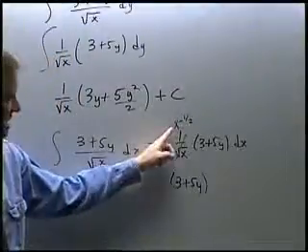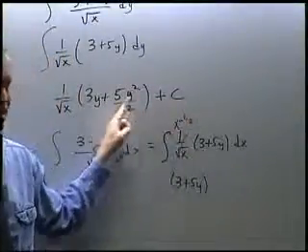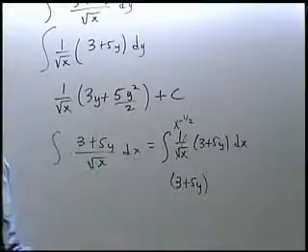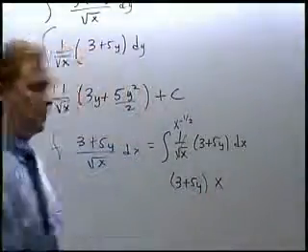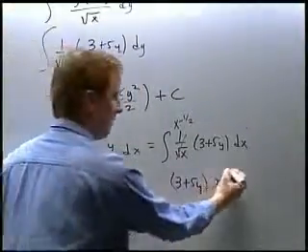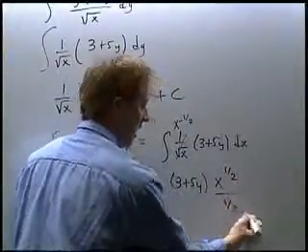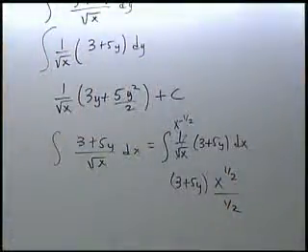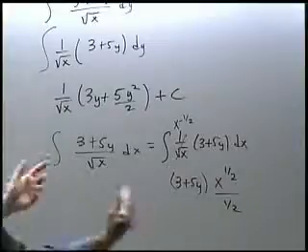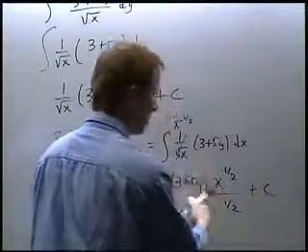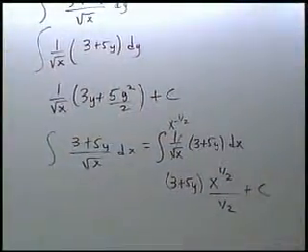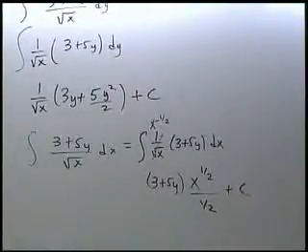Now, what's the antiderivative for x to the negative 1/2? x to the 1/2 divided by 1/2. I add a full unit and divide by the new power, and then I get a plus constant on the end here. There's a little bit of work I could do to clean this up, but this is sufficient to get the idea across.